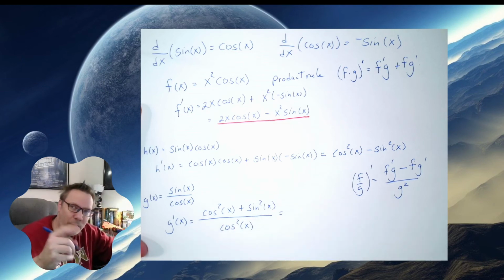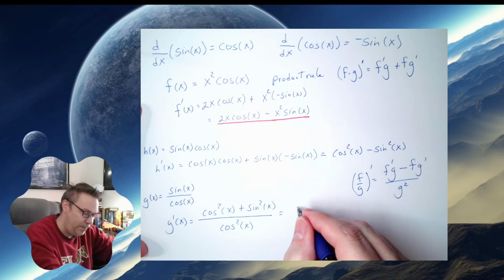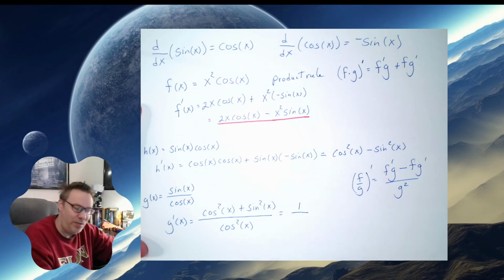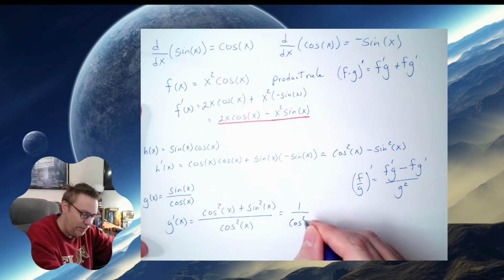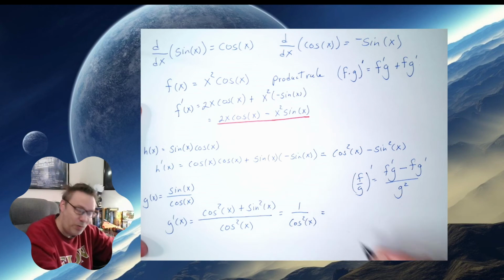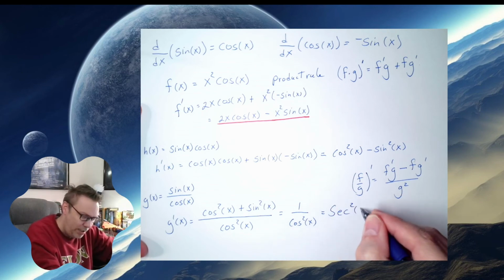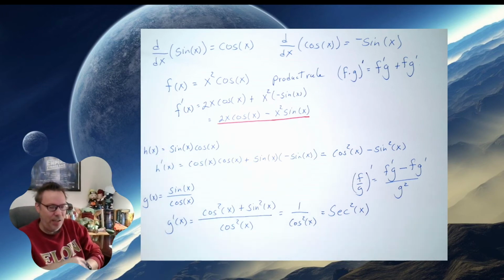Now, one of the big trig identities, sine squared of x plus cosine squared of x is equal to 1. So that numerator is equal to 1. One other identity that we have, one of the reciprocal identities, 1 over cosine is secant. But we're going to square it. So I wind up getting this.